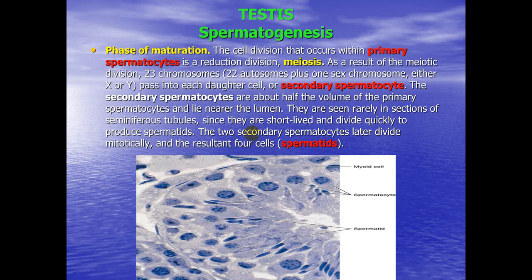That's why it provides the variability of the genome of mankind. So the next stage is the second meiotic division. After the second meiotic division, secondary spermatocytes divide into 2 spermatids.